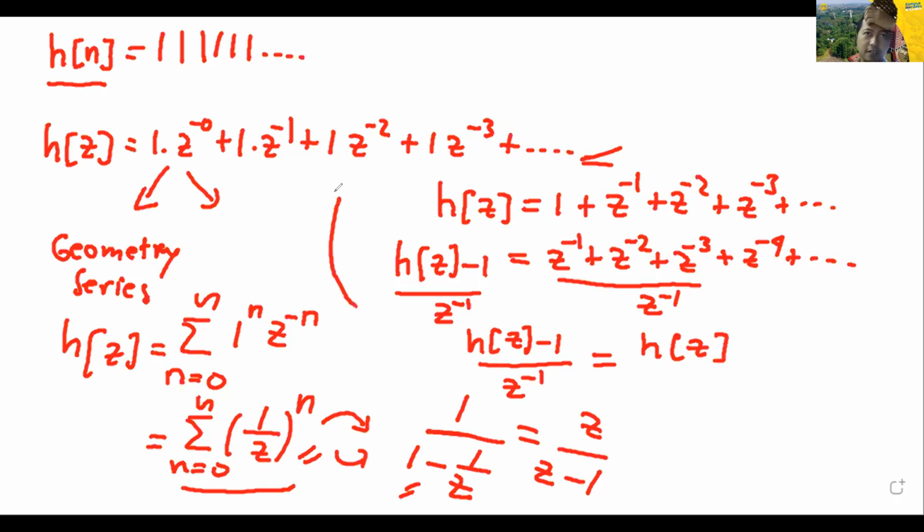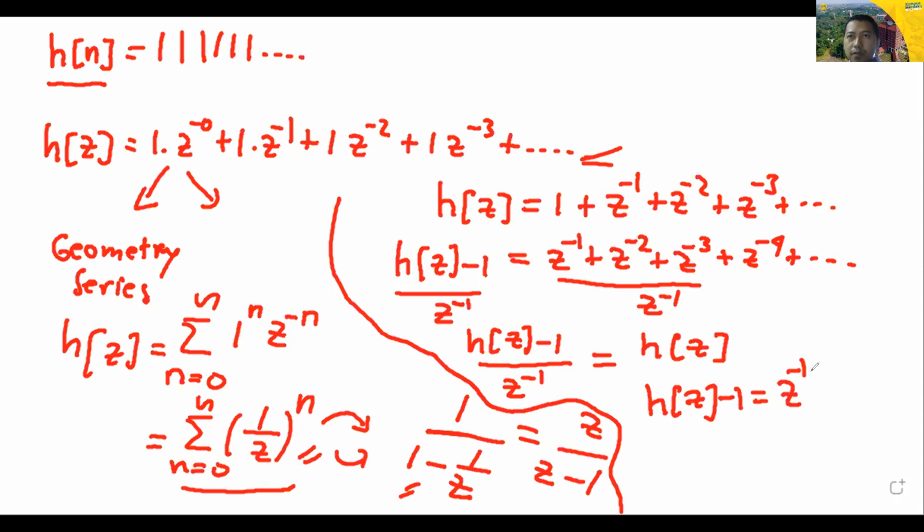Yeah, you can understand this one. I will make a separator here. Okay, and then we can easily compute: Z minus 1 equal to Z to the power of minus 1 times Z. Okay, and then we can superpose, replace the position, so this one becomes 1 minus Z to the power of minus 1 equal to 1.